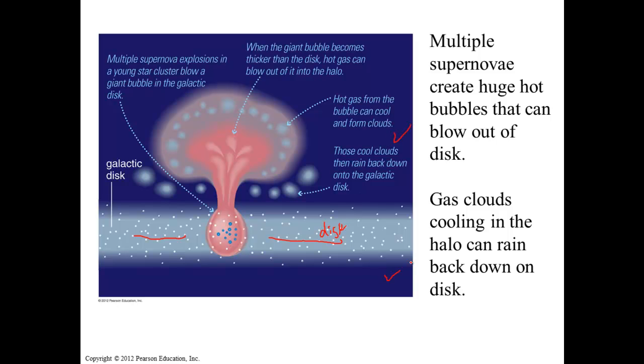If you read this caption, it's pretty good. It talks about how we can have movement outside of the disk, it cools down, and then it rains back into the disk. I don't spend much time talking about it, but this whole hot supernova stuff needs to cool down in order for stars to be born, before gravity can kick in.